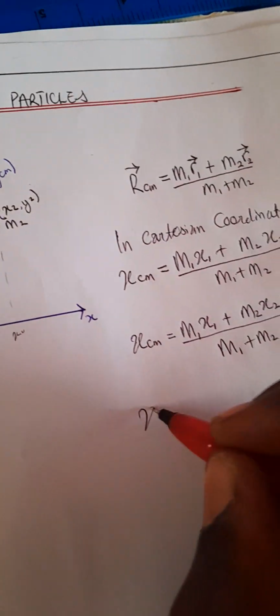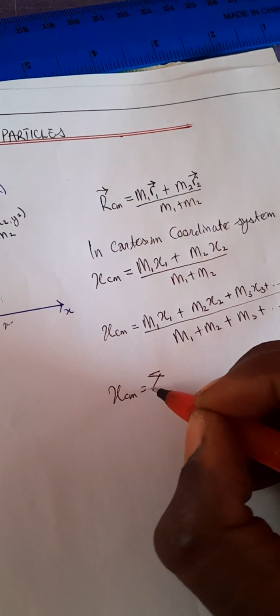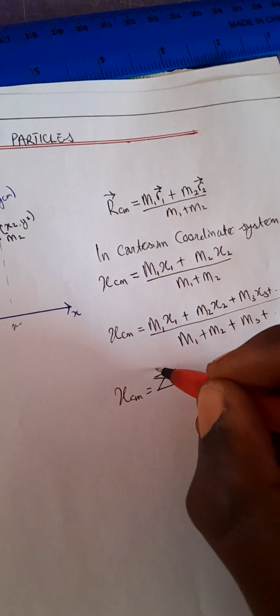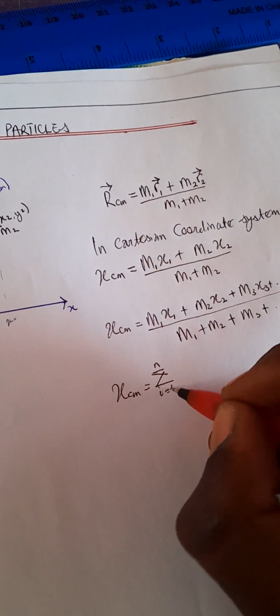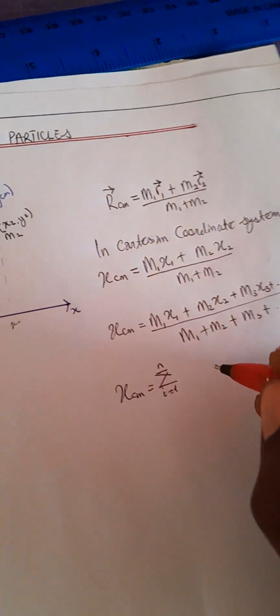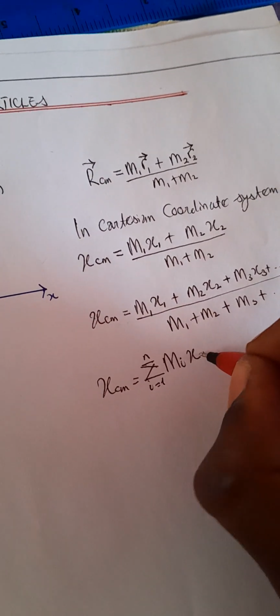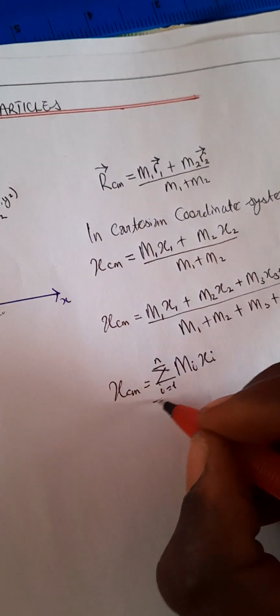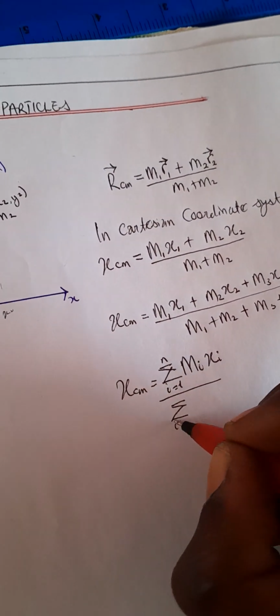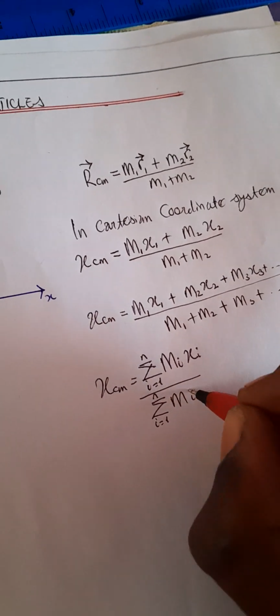We can say xcm equal summation of i equal 1 to n. That means the value of i changes from 1, 2, 3, 4. So I'm going to put mi xi over summation i equal 1 to n of mi.